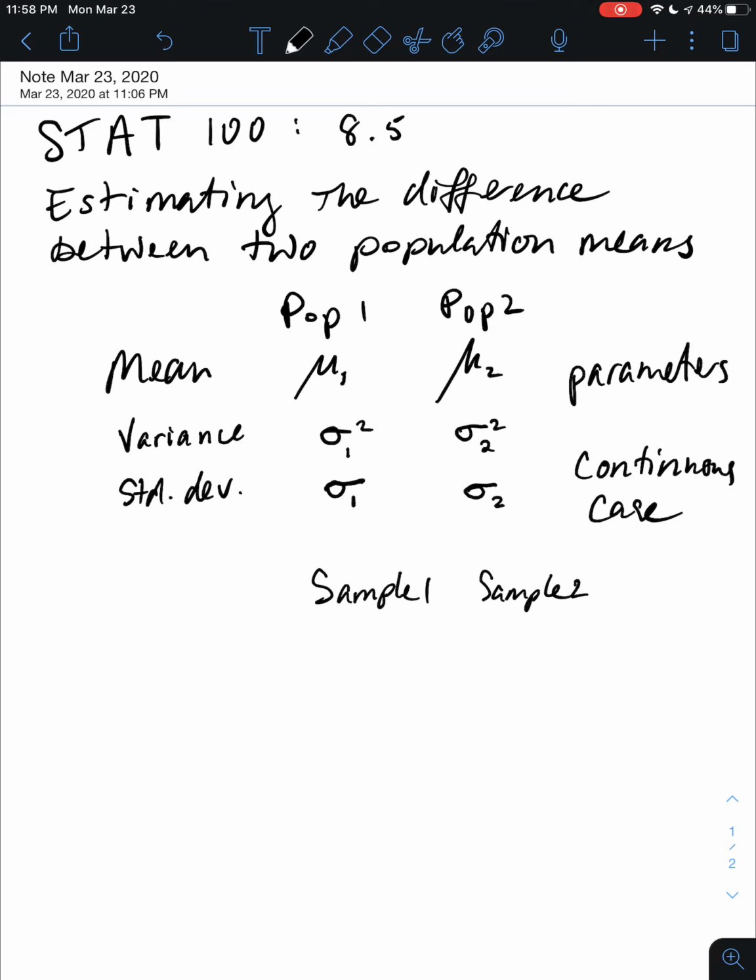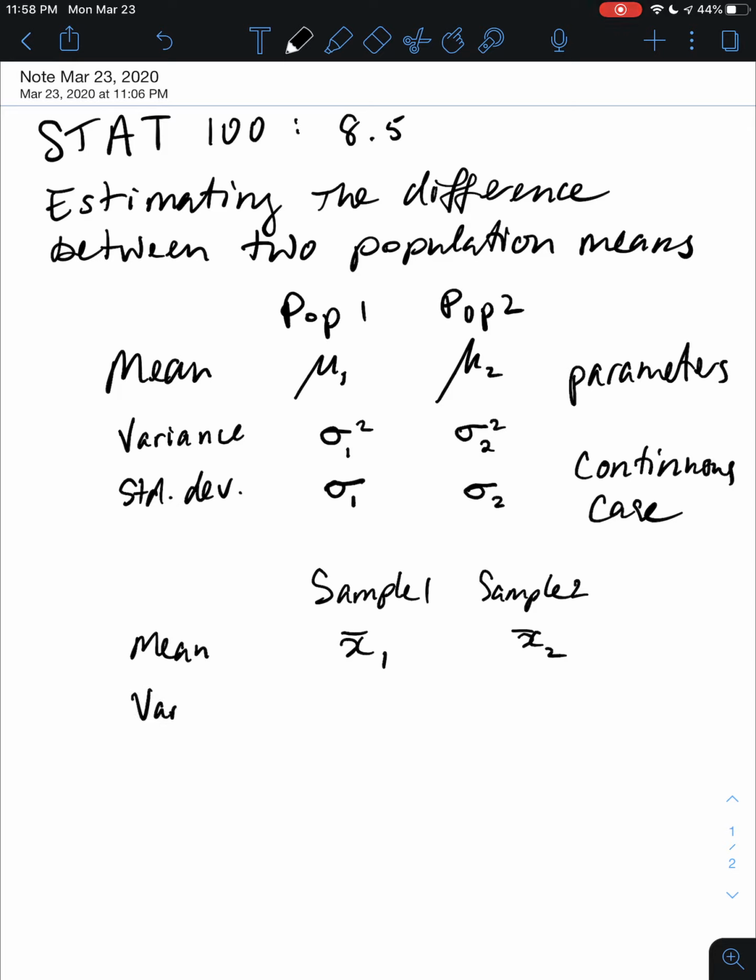So we can have, for example, the sample mean, and that will be x bar. But we're going to decorate it with a subscript of 1, x bar sub 1 for the mean of sample 1, x bar sub 2 for the mean of sample 2.